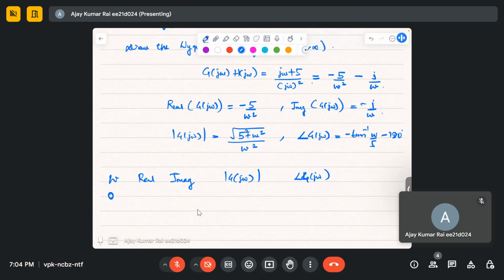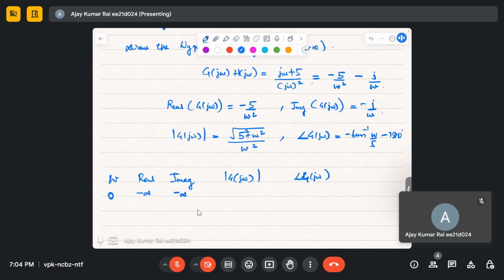Infinity, right? So it's like minus infinity. Real part will be minus infinity. And what will be the imaginary part? Similarly minus infinity. Okay, so I'm not writing j. You can put omega equal to 0 in the real part and in the imaginary part, and you can see both come out to be minus infinity.